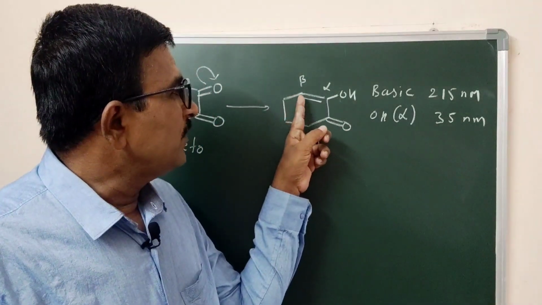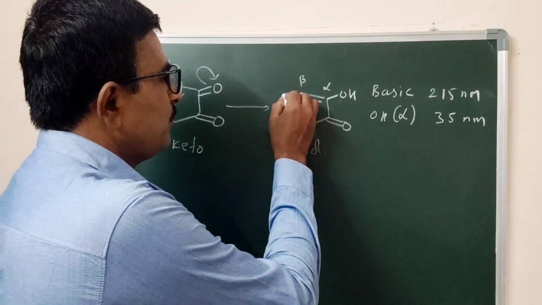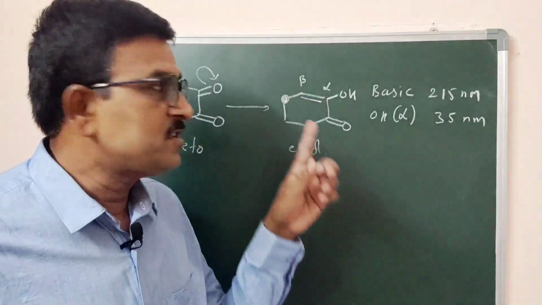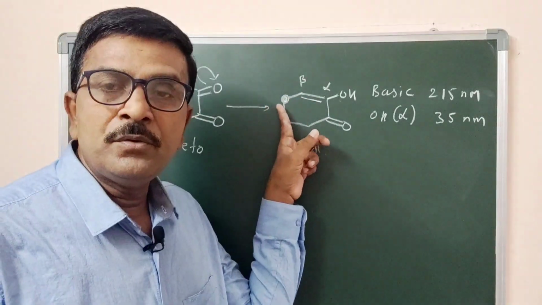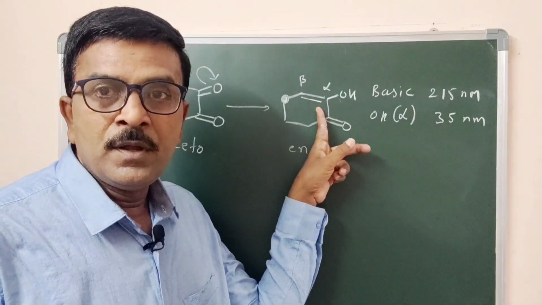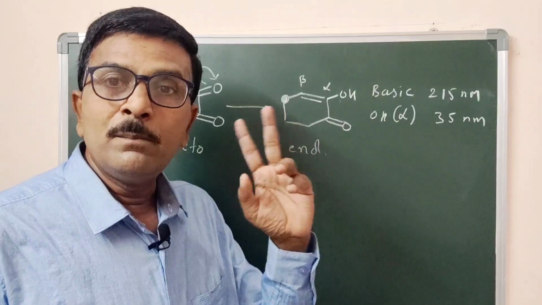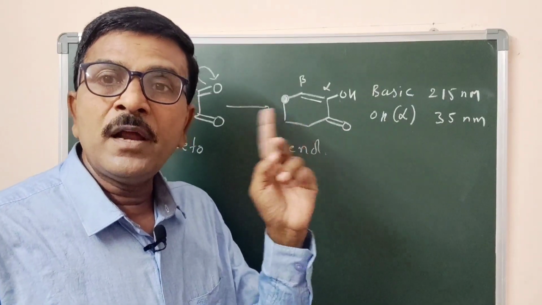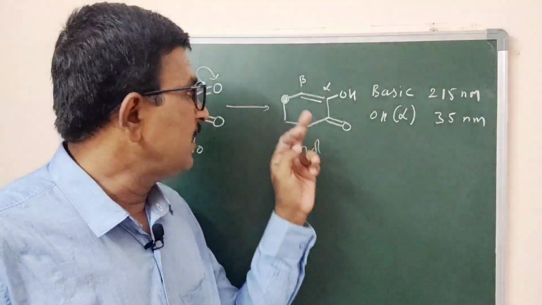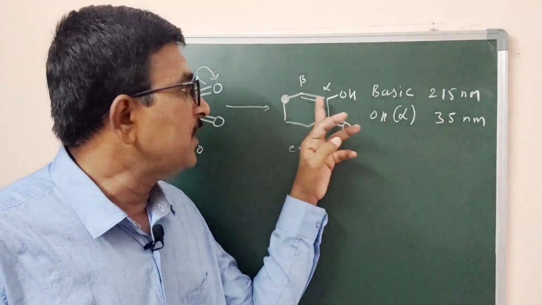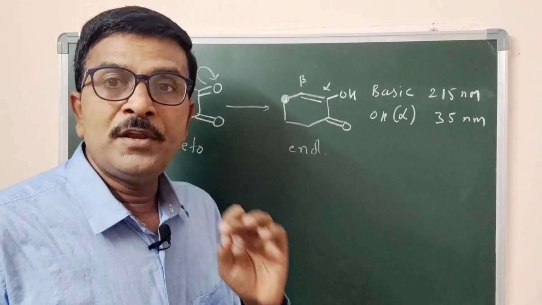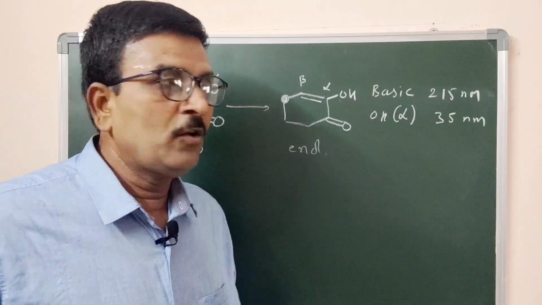Now this is the ring residue. You can see this is the ring residue attached with beta carbon. A ring residue attached with alpha is 10 nanometer, beta 12 nanometer, gamma and delta is 18 nanometer. Here one ring residue is attached with a beta carbon, hence there is an increment about 12 nanometer.